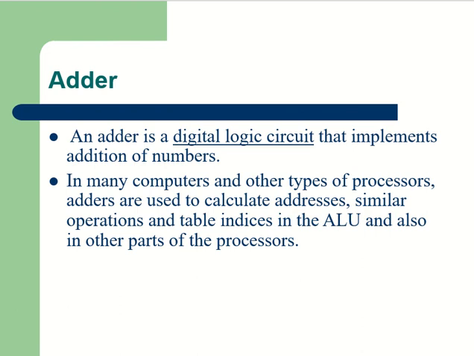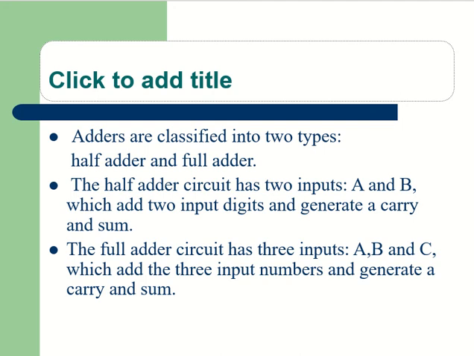First we'll see the adder circuit. An adder is a digital logic circuit which performs addition of numbers. It is mainly used in computers to perform addition or to calculate addresses or similar kinds of operations. Adders are usually divided into two types. One is the half adder, the second is called the full adder. A half adder is a circuit which has two inputs.